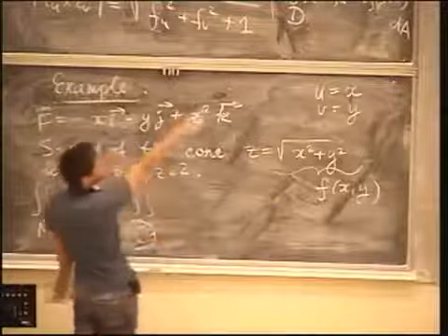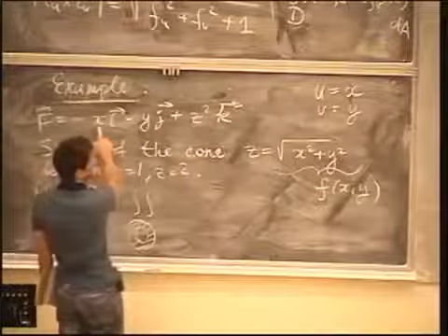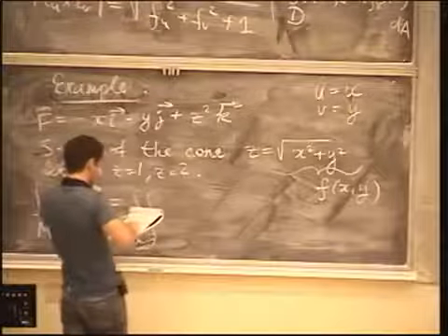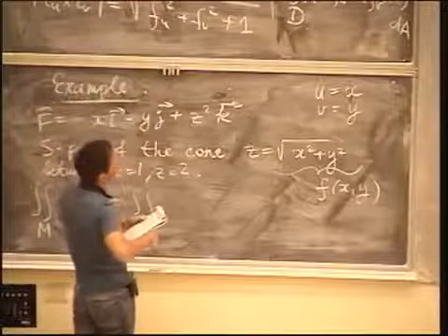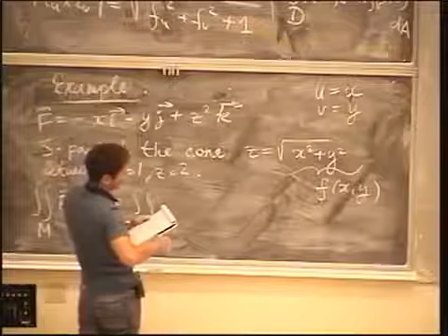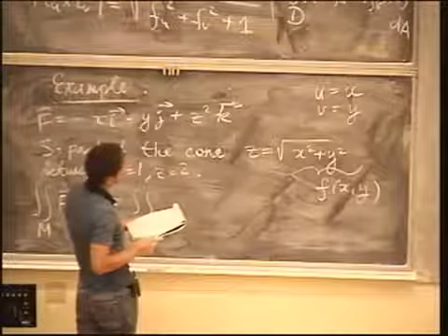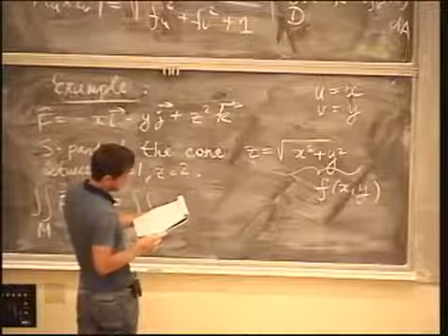We have to take the dot product of P with f sub x. So what is P? P is negative x, right?